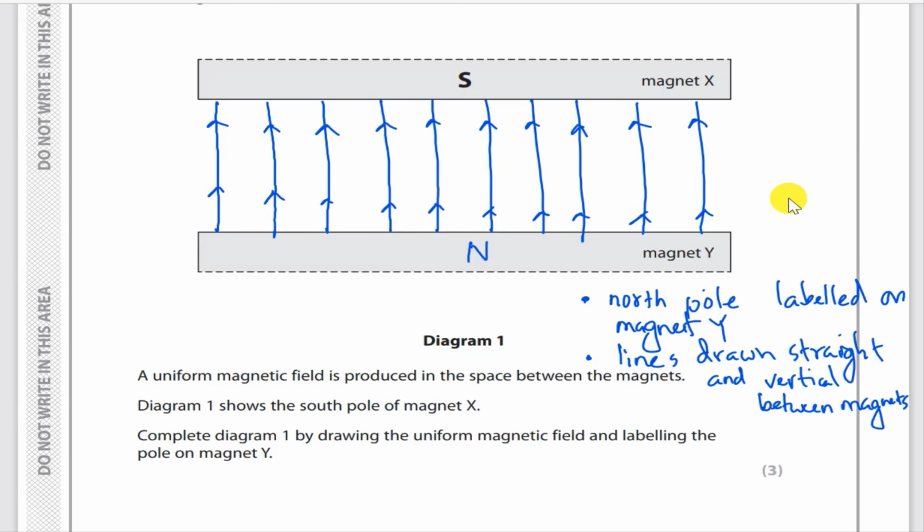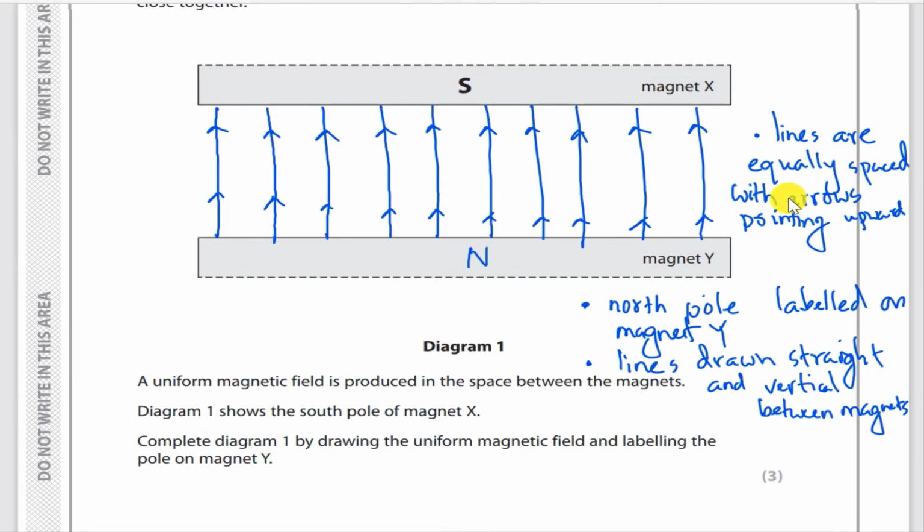So lines are equally spaced with arrows pointing upward.